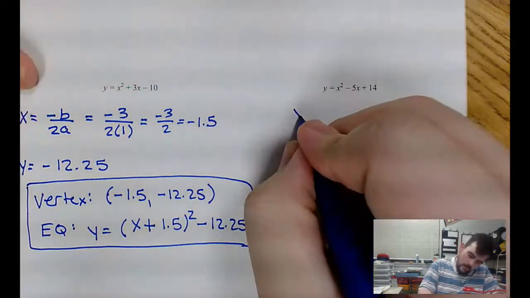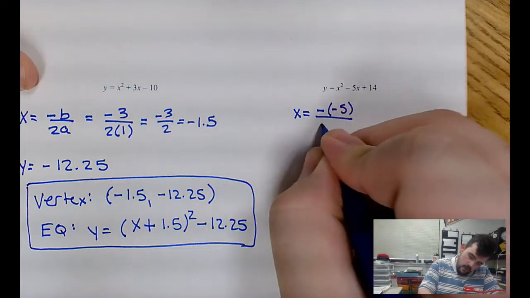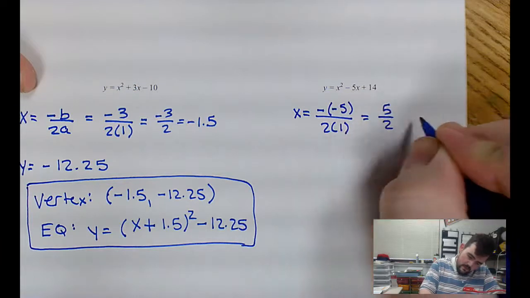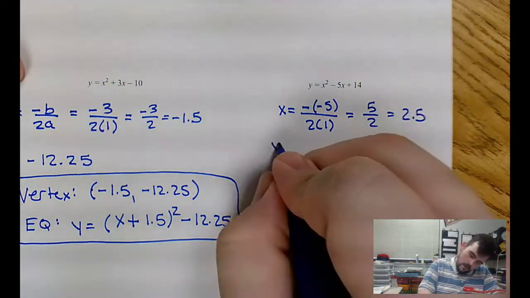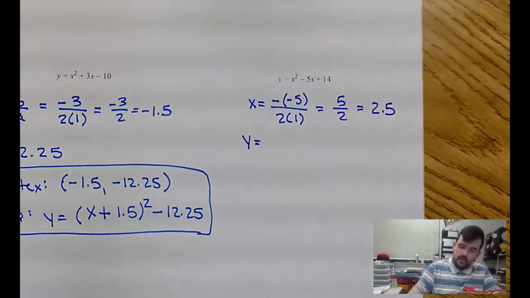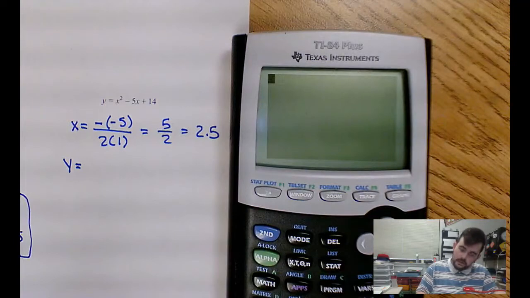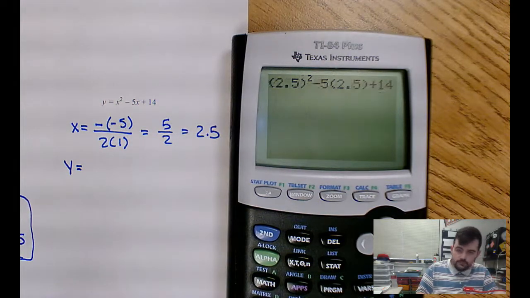Fourth example, x equals negative negative 5 over 2 times 1. That gives me positive 5 over 2, which is 2.5. To find the y-coordinate, just plug 2.5 in. So let's see, 2.5 squared minus 5 times 2.5 plus 14.